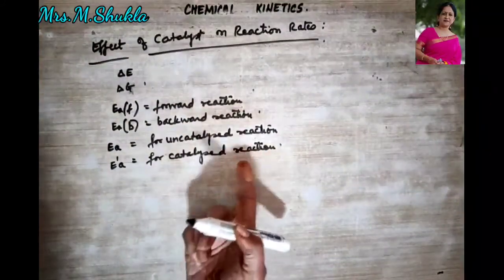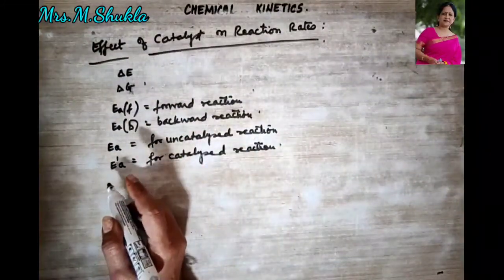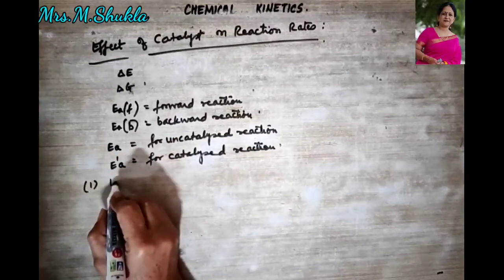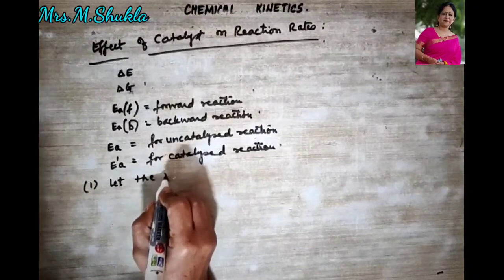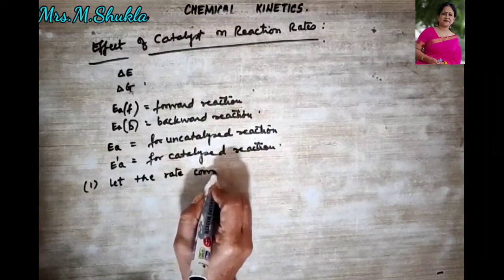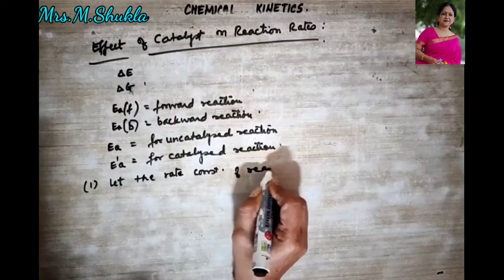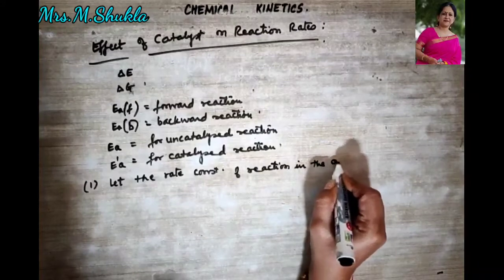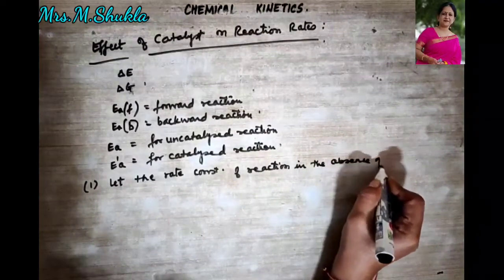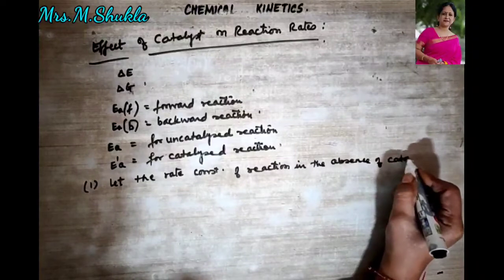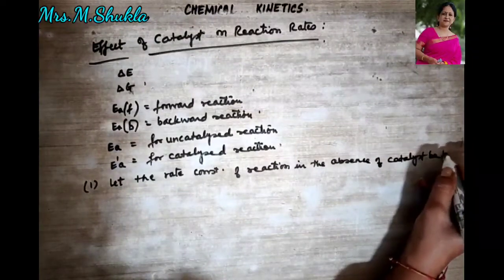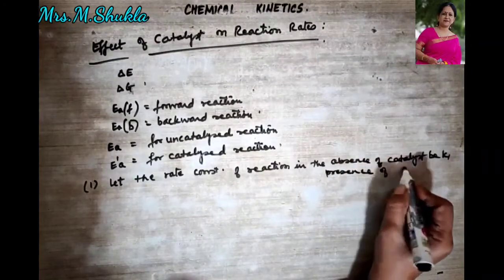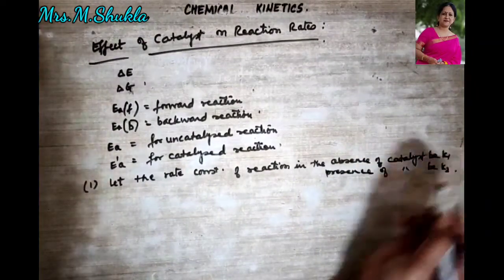Now, what is the effect of the catalyst on your activation energy? So let us see over here. Suppose let the rate constant of reaction in the absence of catalyst be K1, right? And in the presence of catalyst be K2.